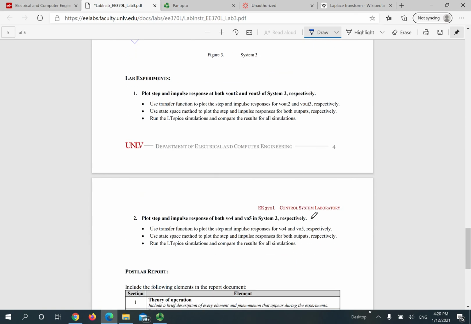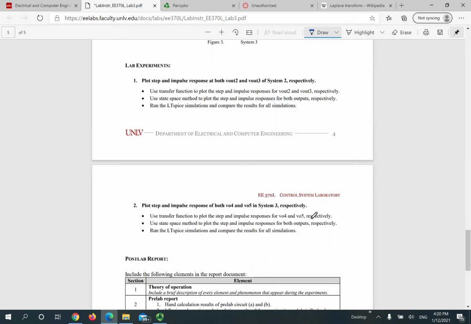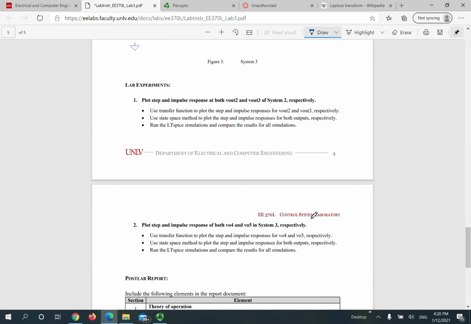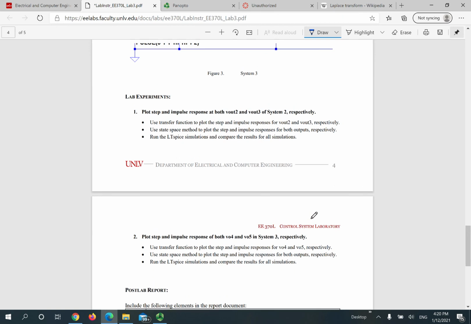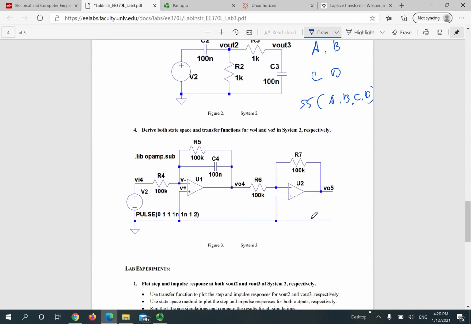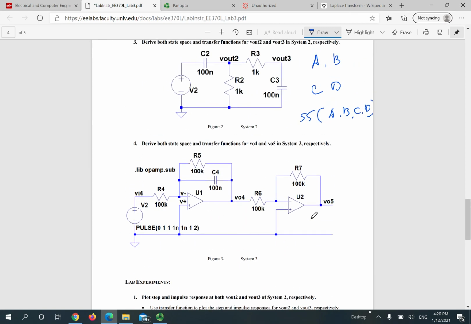You also need to run LTspice simulations to compare the step or impulse response of both systems. Basically, it gives you some practice on how to use the state space model and compare it with the transfer function results and also the LTspice simulations.